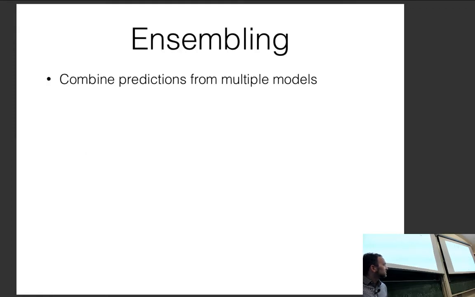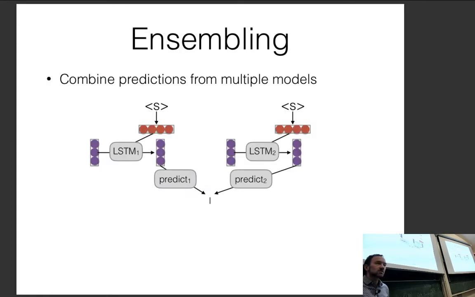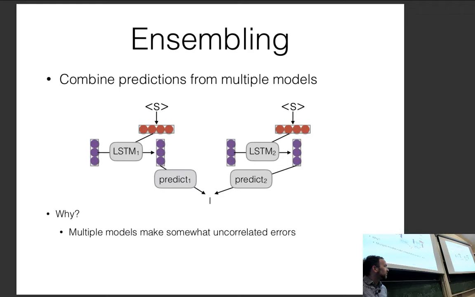And ensembling is combining the predictions from multiple models. So basically, you train multiple models independently. And then you take their predictions and combine them together in some way. And the reason why is because multiple models make uncorrelated errors. So one model might really think dogs tend to meow, but that is kind of an outlier, and then your other model would think dogs bark.